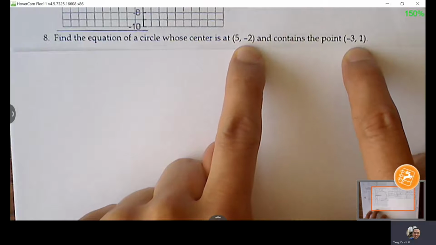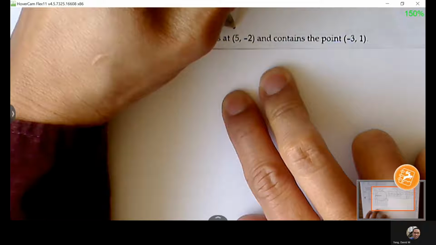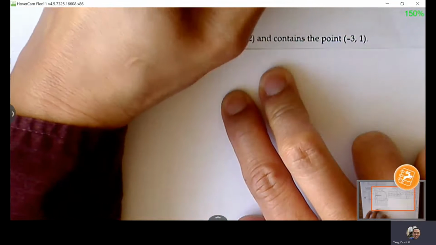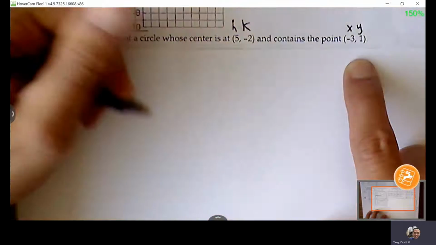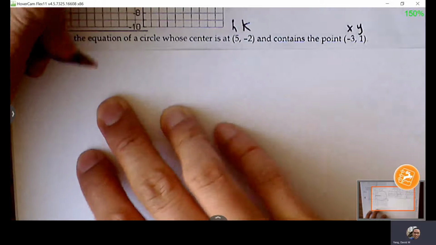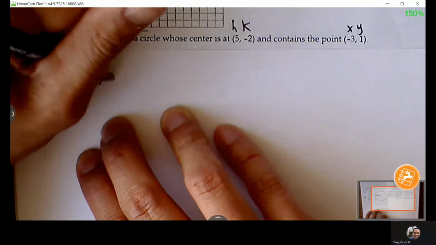So you're going to have to use this information to help you get to the radius. So your center is your h, k, your point is an x, y. And right now we need to involve that x, y to help us get to the radius.